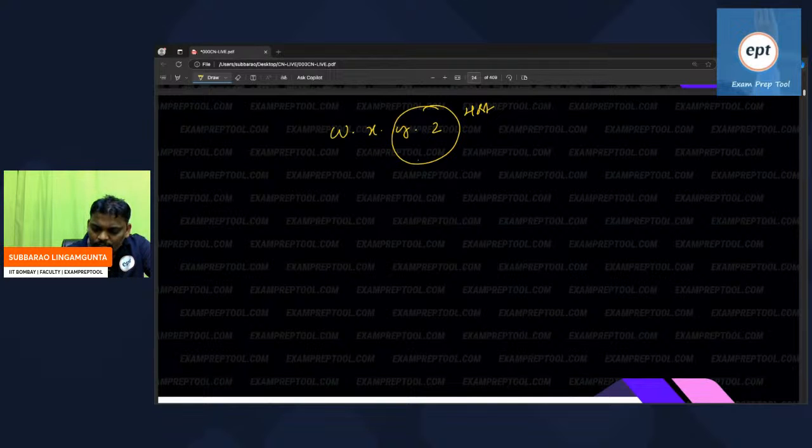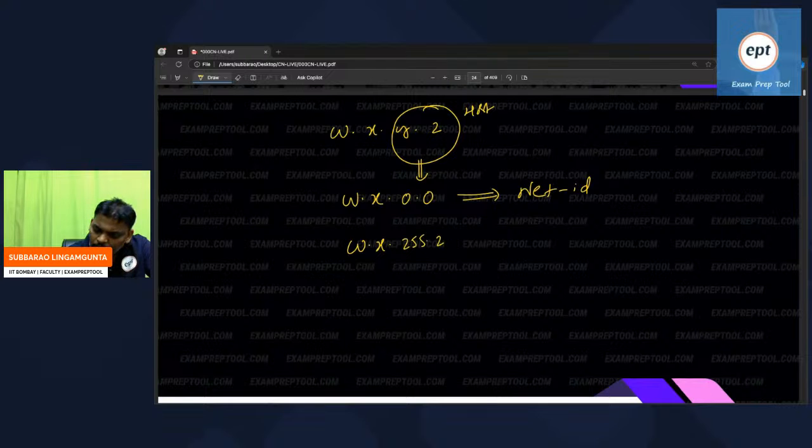Listen. In W X, the host part keep all zeros, that is the net ID. Host part keep all ones, that is the DBA.